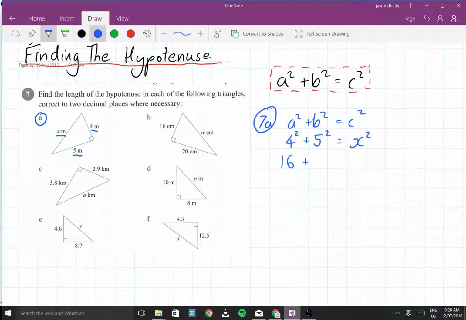Then 5 squared, which is 5 times 5, or 25. And that's going to equal x squared, and I still have no idea what that is. Now I've got 16 plus 25. When I put that into my calculator, 16 plus 25 equals 41.